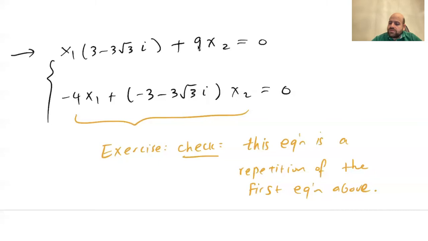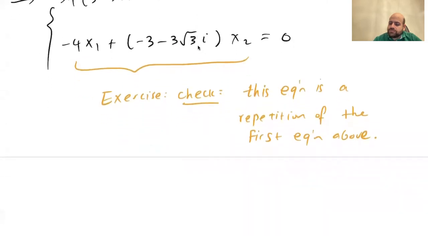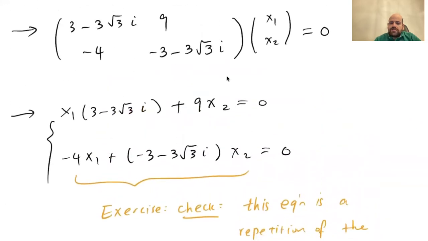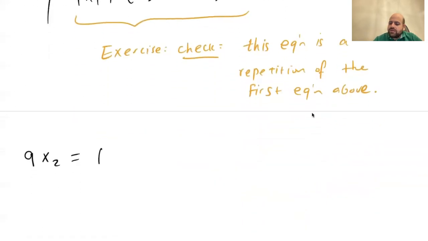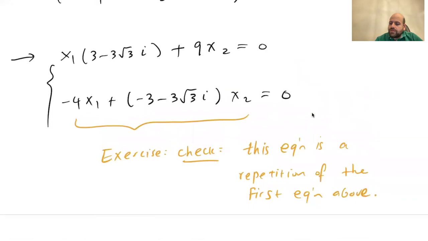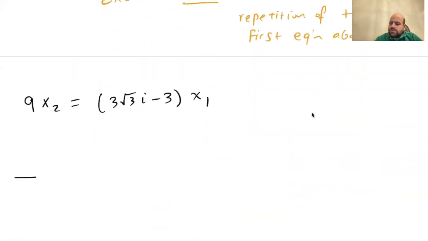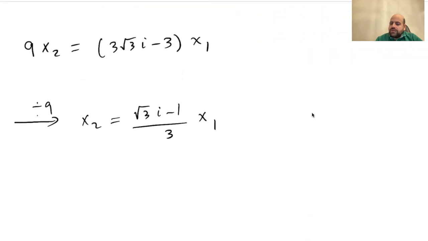So let me consider the first equation here. What do we have? 9x2 equals, if I take this term to the other side, 3 root 3i minus 3 times x1. Then if I divide both sides by 9, I get x2 equals root 3i minus 1, the whole divided by 3, times x1.